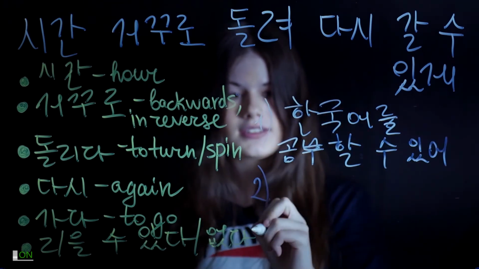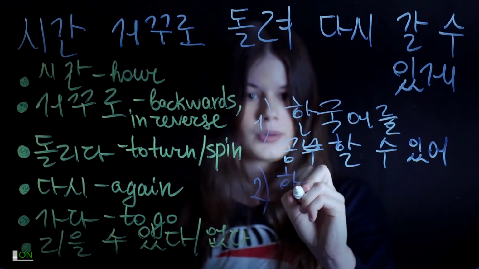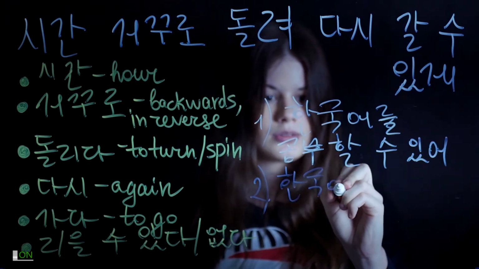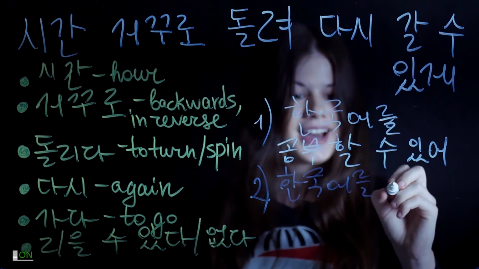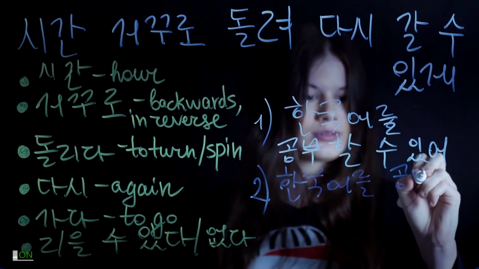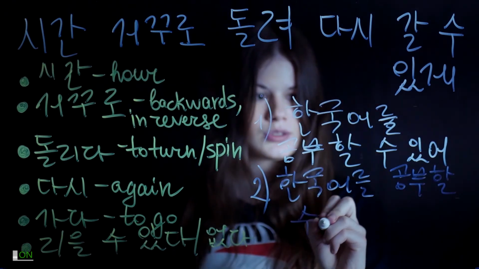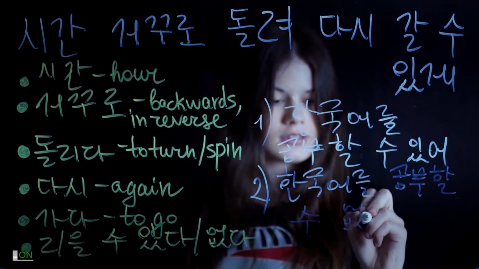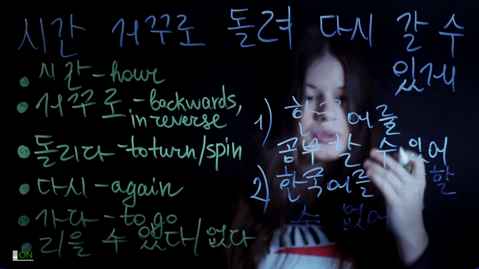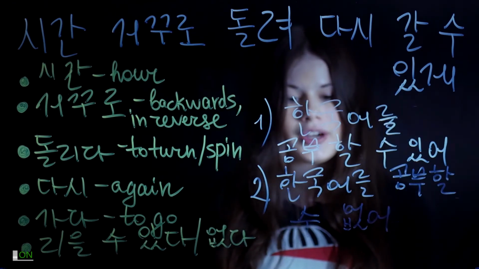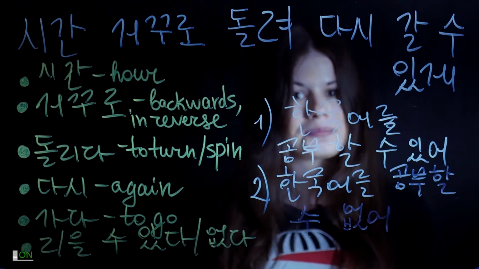And the second sentence will be quite the same, but it's the opposite. 한국어를 공부할 수 없어. It will mean that I cannot learn Korean.